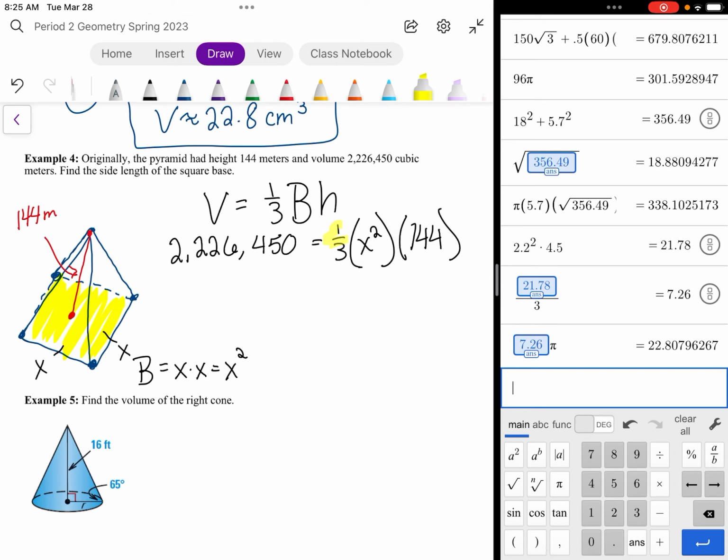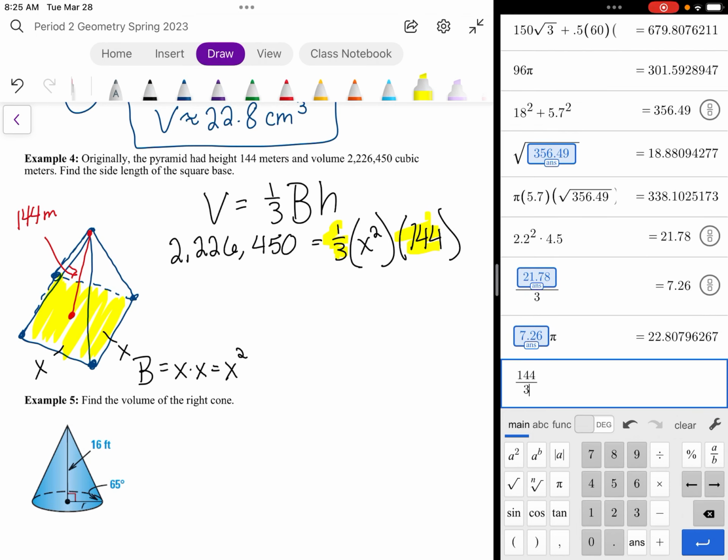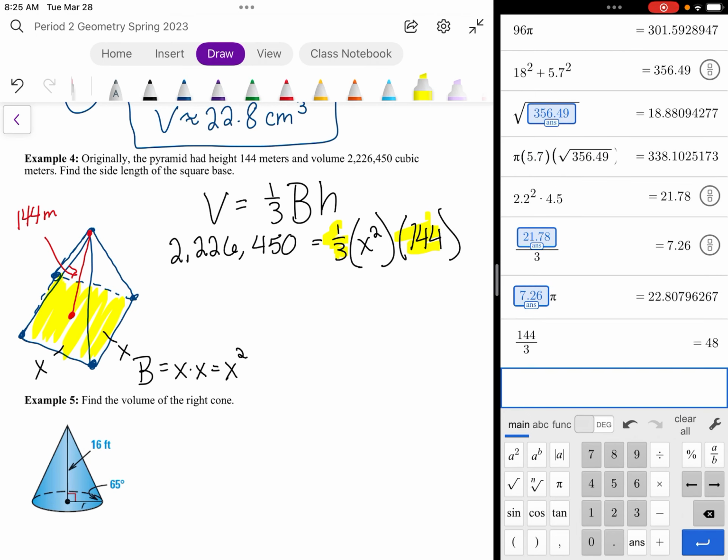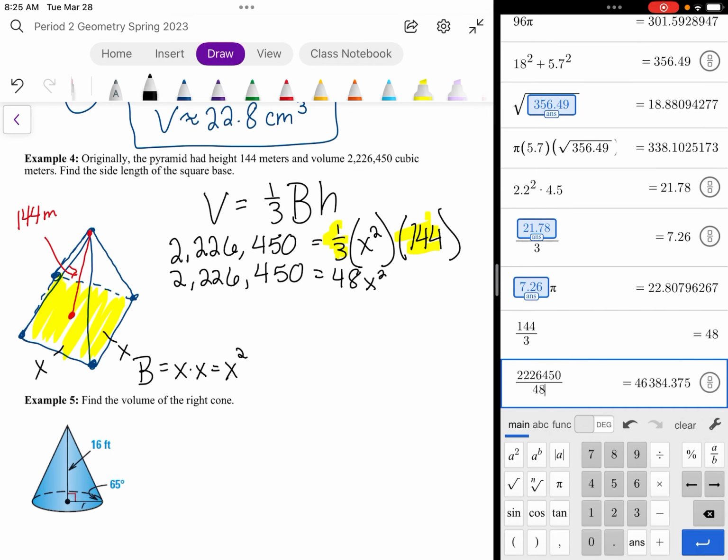To start, I'm going to multiply 1/3 times 144. Remember, multiplying by 1/3 is the same as dividing by 3, so we get 48. Let's rewrite this. We need to get x squared by itself, so we type in that big number, 2,226,450, and divide by 48.